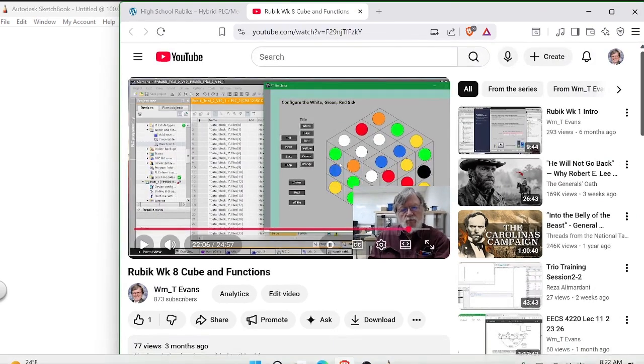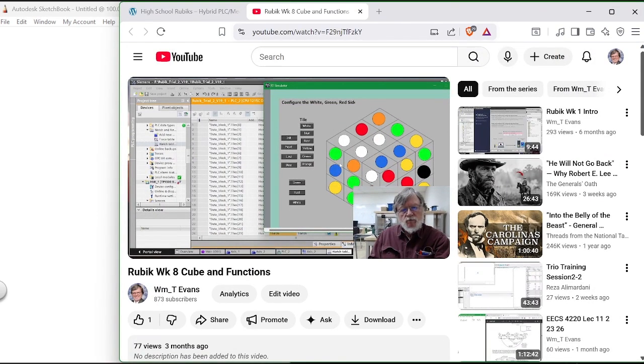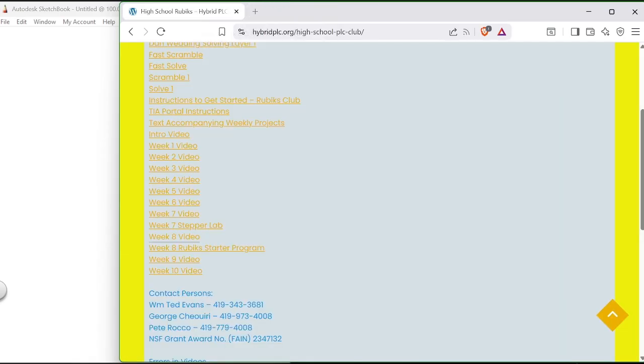The other side of this coin is this project has gotten a lot of interest in high schools. It's not like everybody is going to be doing this. It's not like everybody's going to be coming around and saying, wow, I can solve a Rubik's Cube using a programmable controller. But on the other hand, getting these into high schools, we have about 387 of these trainers in high schools.